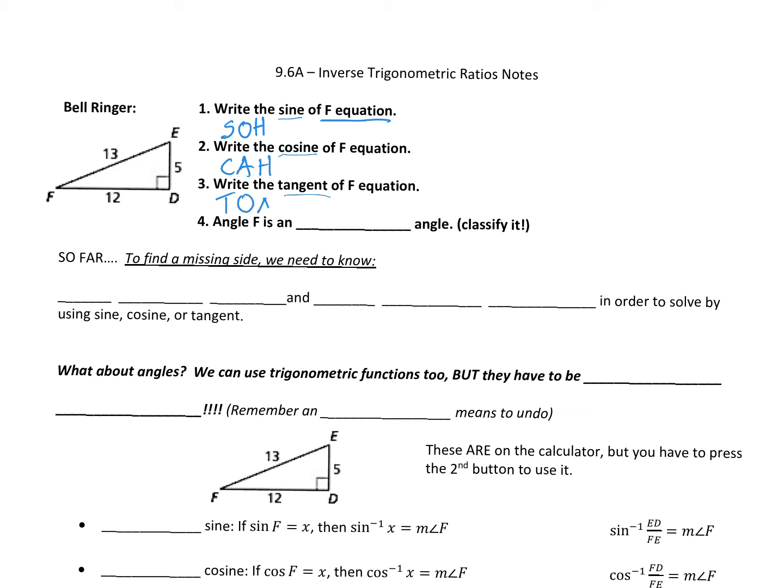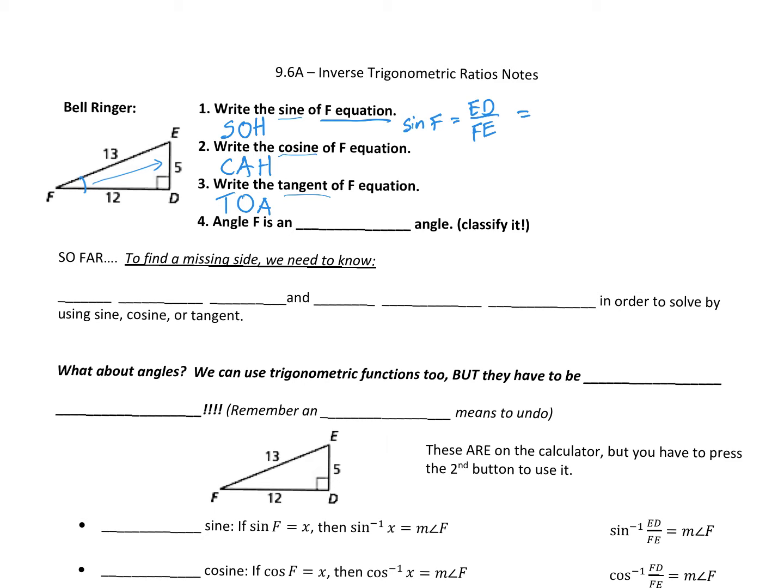So SOH is opposite over hypotenuse. Our sine of F is opposite, okay, so our angle F is here. Our opposite is ED, and our hypotenuse is the longest side, which is FE.